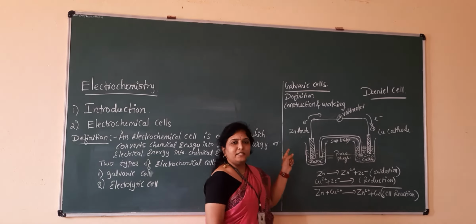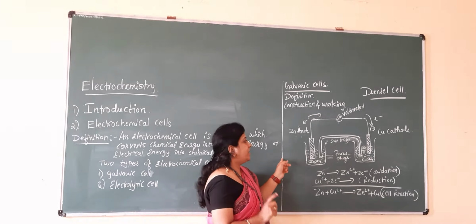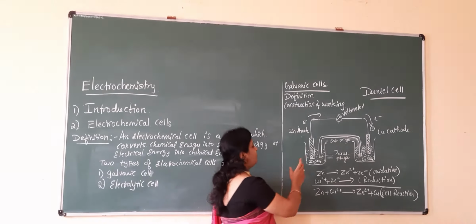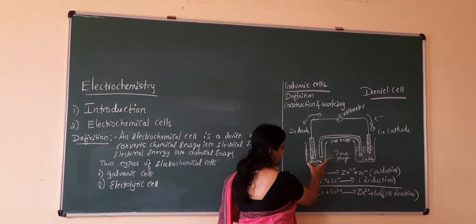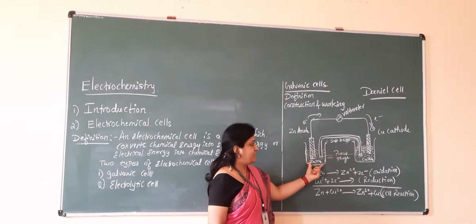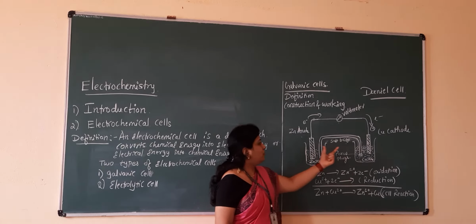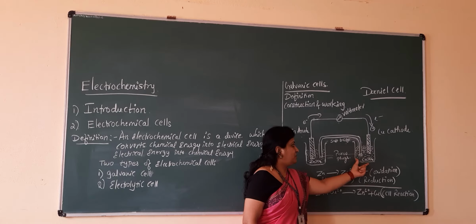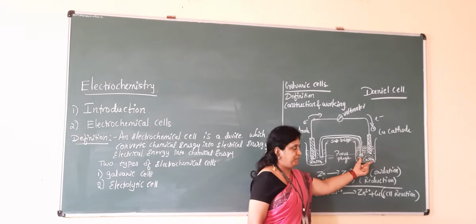Now, to construct the galvanic cell, we should take two containers. As you can see in the diagram, in one container we have to take zinc sulfate solution. And in one more container we have to take copper sulfate solution.